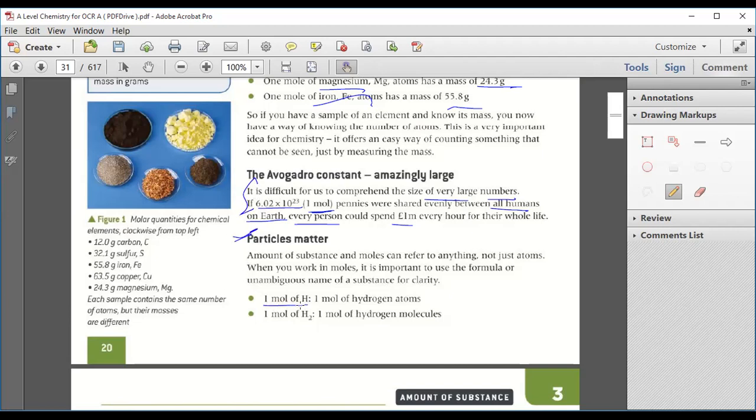Now particles matter. So 1 mole of hydrogen is equal to 1 mole of hydrogen atoms, and 1 mole of H2 means 1 mole of hydrogen molecules. This is different. This is hydrogen H and this is H2.